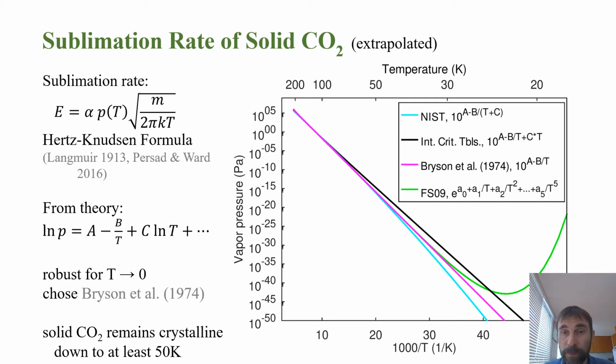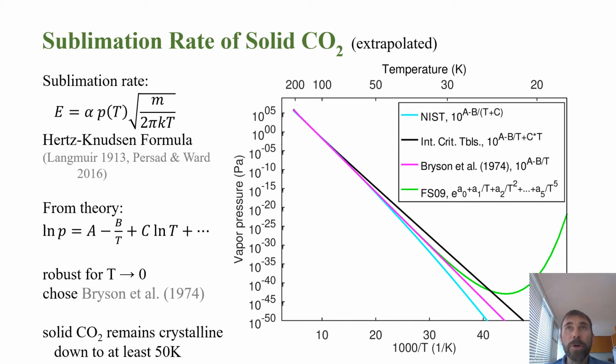And these are extrapolated values, right? So that's okay. And from the other 3, 2 do not robustly extrapolate to low temperature. So I picked Bryson et al. 1974, which just has 2 constants, A minus B over T.